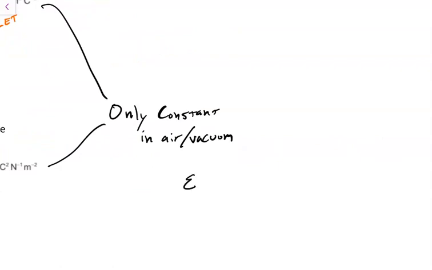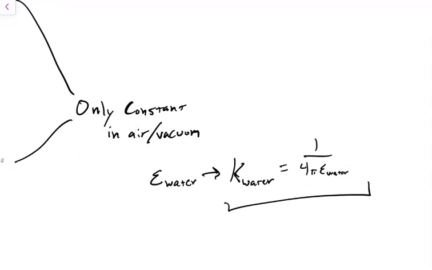There might be other values for water, where you would have to solve and say, okay, let's find my K of water, my Coulomb's constant, which is 1 over 4 pi epsilon water. So you might have to determine a new Coulombic constant depending on a different epsilon. Those are rare, though. Most of the time we just say we're dealing with air or a vacuum, but it can happen. So just note that this equation is in the data booklet for that reason.